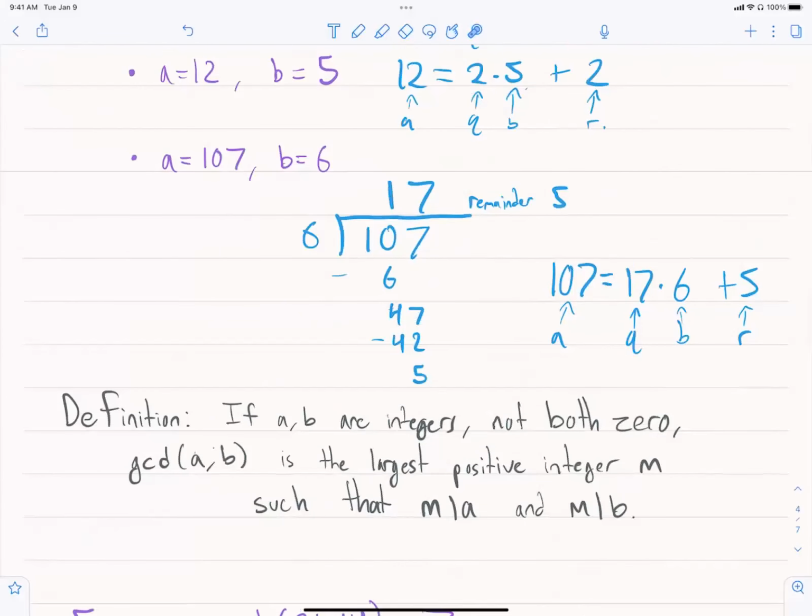If A and B are two integers, not both 0, then we write GCD of A and B, or greatest common divisor of A and B, for the largest positive integer m such that m divides A and m divides B. If m divides A, m is a divisor of A. M divides B means m is a divisor of B. So if m divides both, m is a common divisor of A and B. And if I take the largest such m, that's the greatest common divisor.